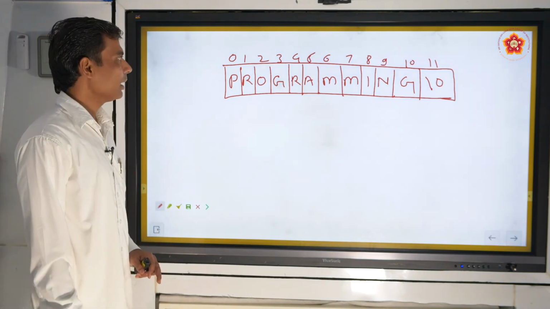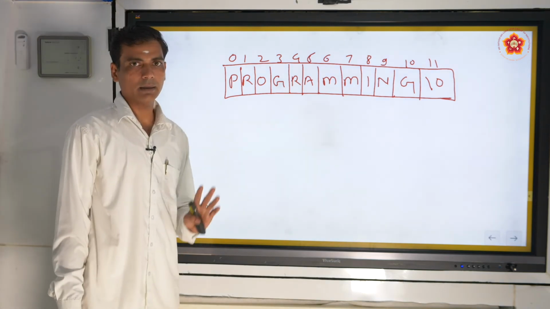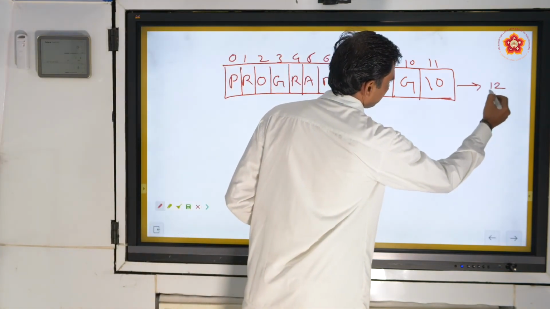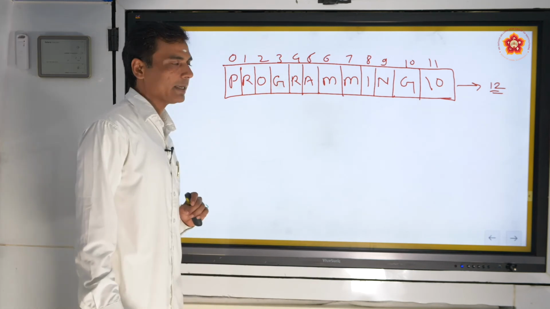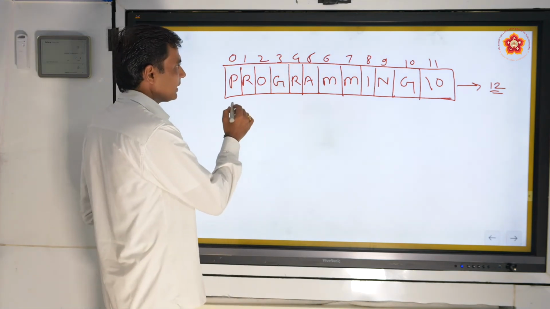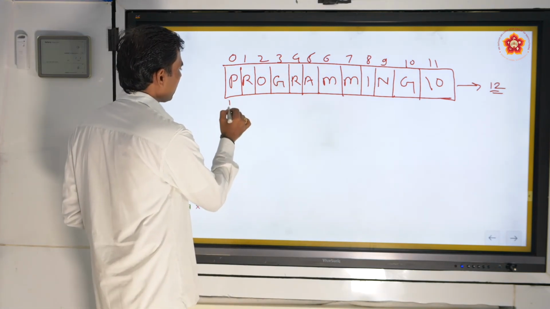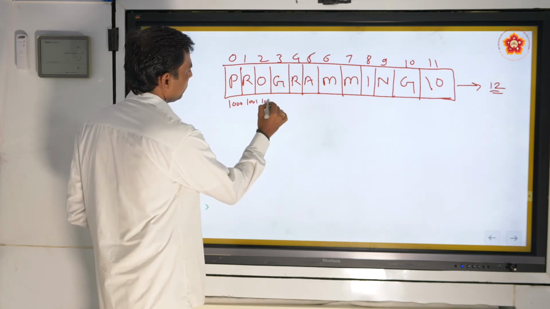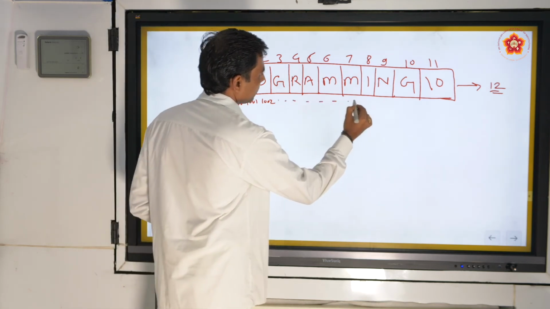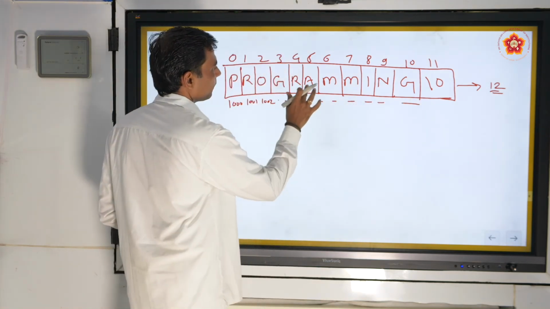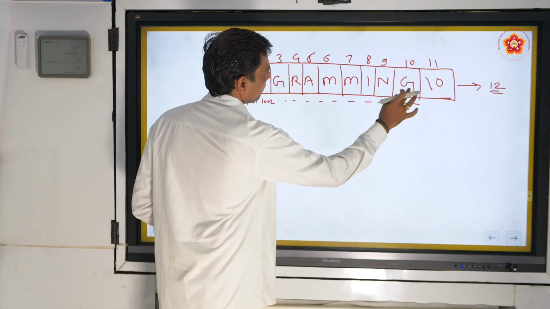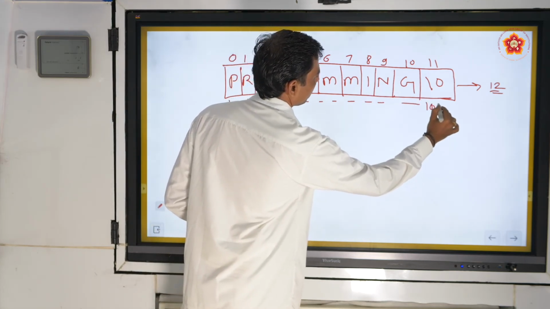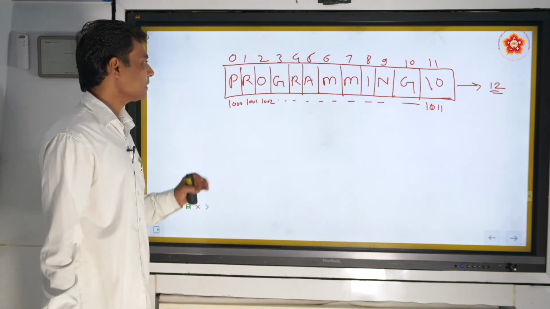So there are 12 index locations, which means there are 12 characters here, so the actual size of the array is 12. Now the first one is str. Say the addresses are like this: 1000, then 1001, 1002, up to 1011. So these are the addresses.